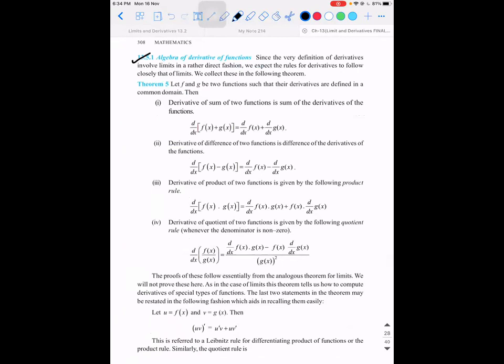You know what the algebra between functions is, right? If I give you two random functions, say f of x and g of x, you can add, subtract, multiply, and divide those functions, right?